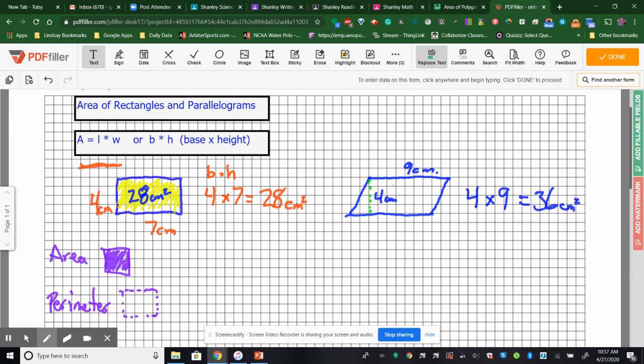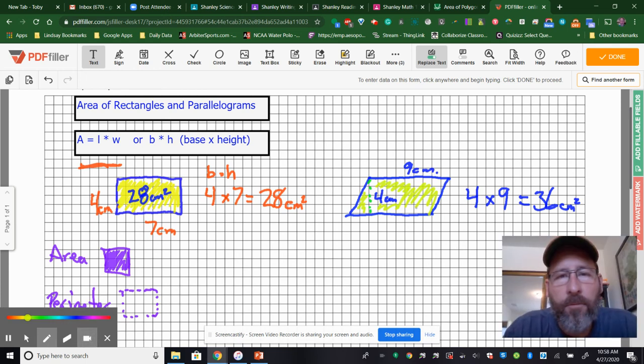So whatever you're doing, whether it's a rectangle or a parallelogram, you're using the same formula, base times height, to get that answer. All right, so hopefully that helps you in moving forward in finding the area of rectangles and parallelograms, sorry, parallelograms.